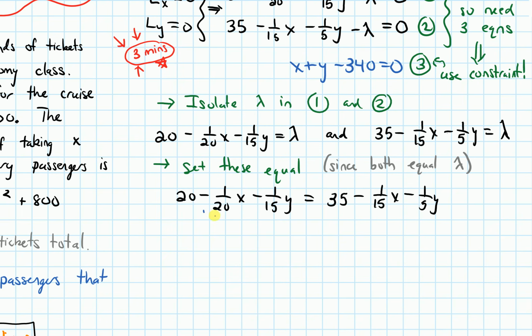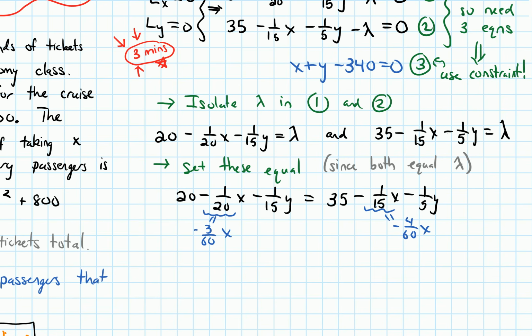So if I look at the x terms, the common denominator here would be 60. So if I take a negative 1 over 20x and I multiply the top and the bottom by 3, that is negative 3 over 60x. With negative 1 over 15x, to make the denominator 60, I've got to multiply the top and the bottom by 4. And that'll give me negative 4 over 60x.